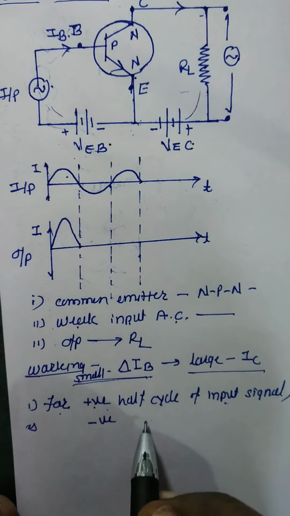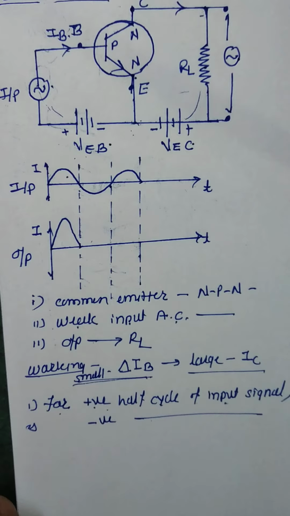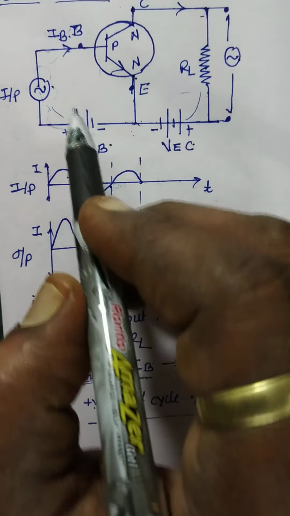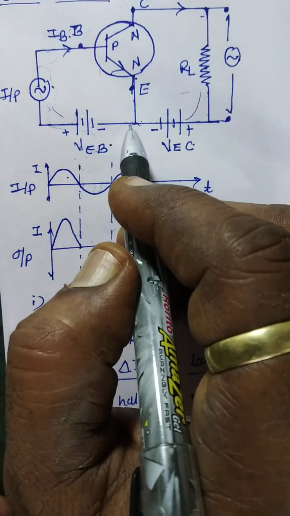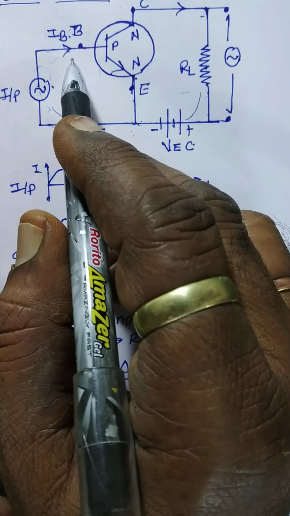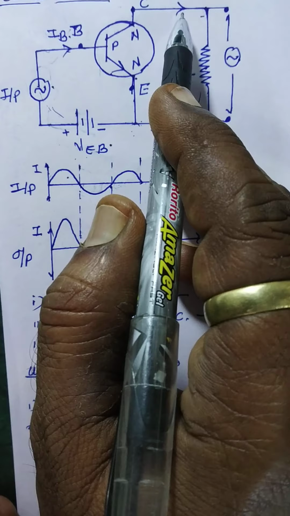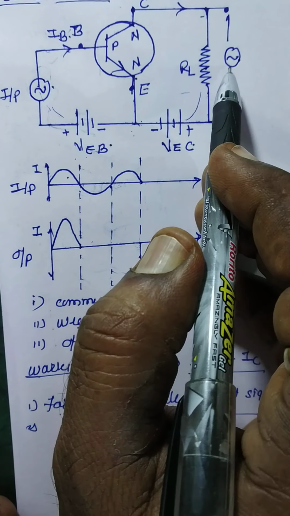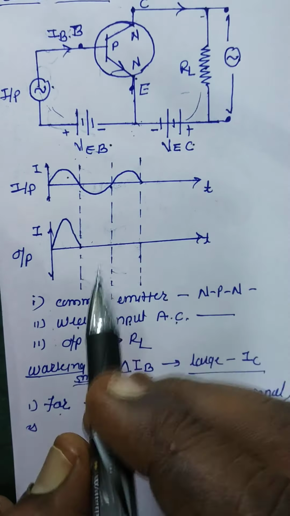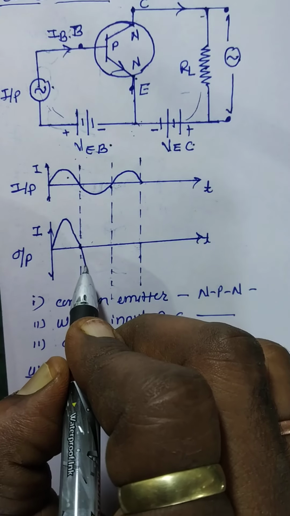For negative half cycle of input signal, forward bias emitter base potential decreases, and hence base current decreases, and automatically collector current decreases, and output voltage measured across load resistance also decreases.